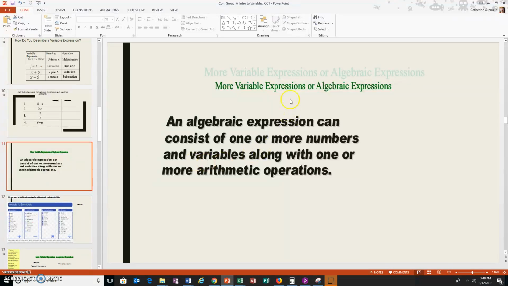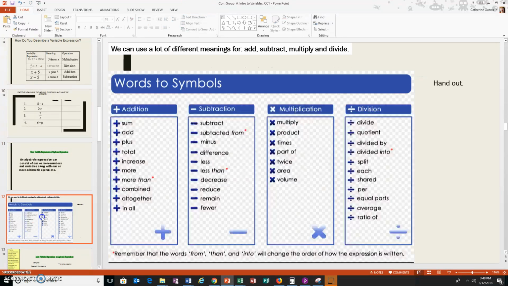Variable expressions we also call algebraic expressions. I'm more used to that. We use letters and numbers together, as well as our arithmetic operators. This is just a very small list of the different words we can use that mean these operators.